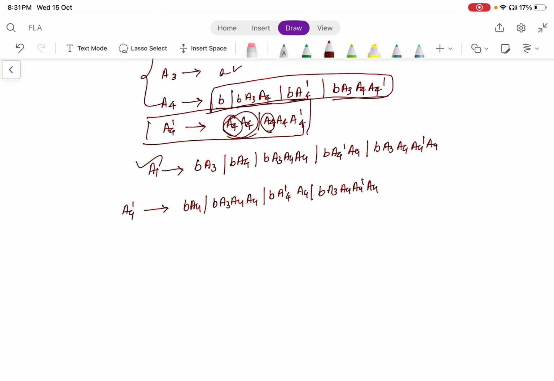Now for this it is over. Now you substitute for this A4. B A4 A4 dash or B A3 A4 A4 A4 dash. These two are already there in the production, so I'm just writing those. B A dash 4 A4 A4 dash, B A3 A4 A4 dash A4 A4 dash.